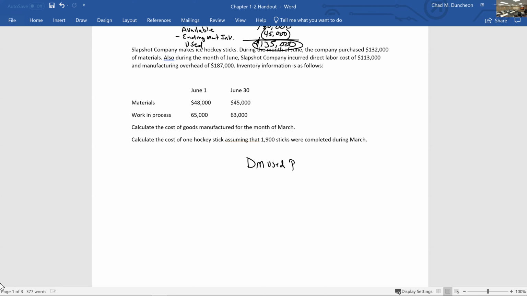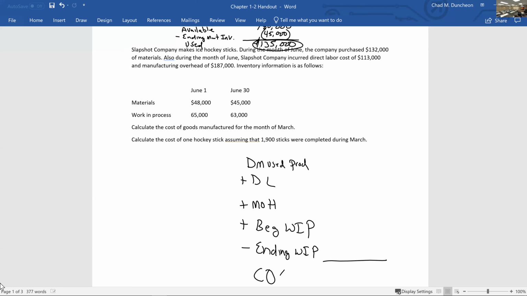So remember, we need our direct materials used in production, plus our direct labor, plus our manufacturing overhead, plus our beginning WIP, minus the ending WIP, and we do all that, we get our cost of goods manufactured.